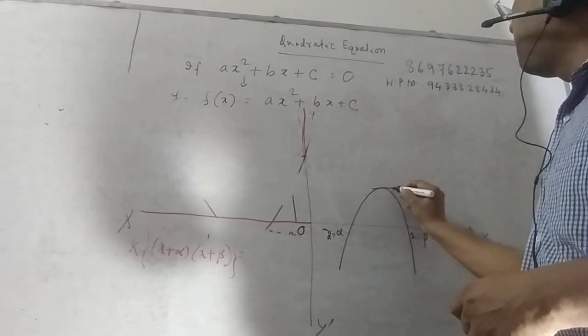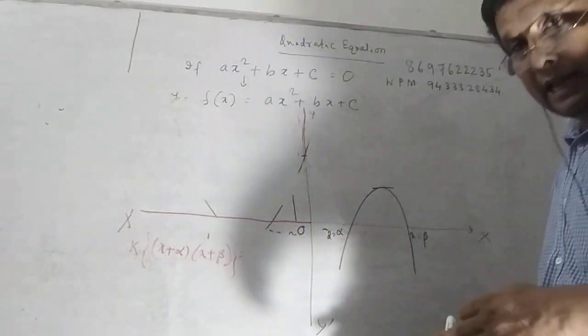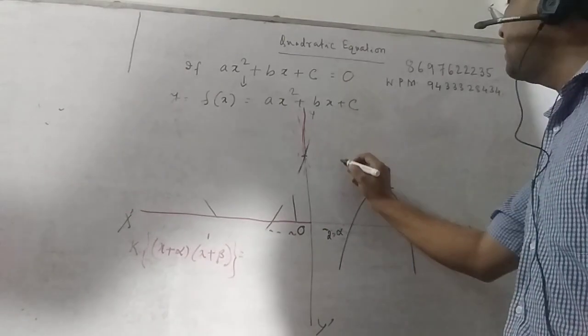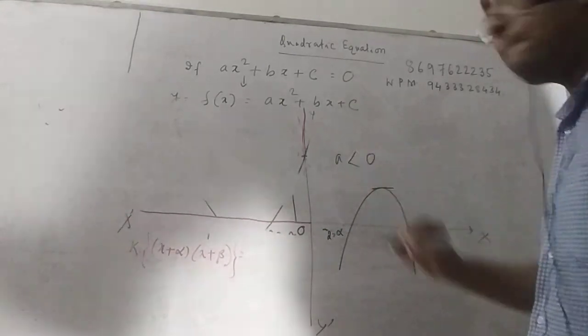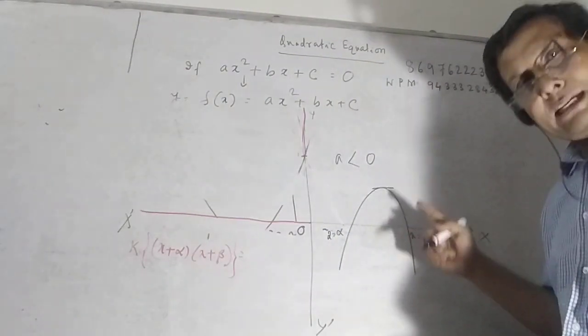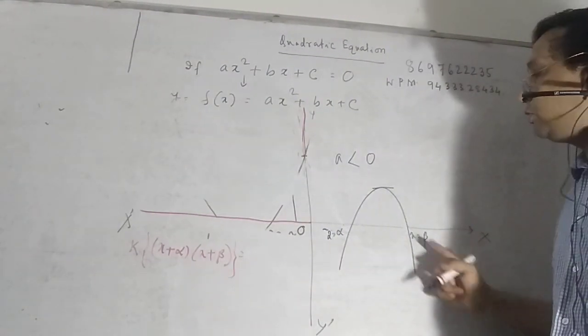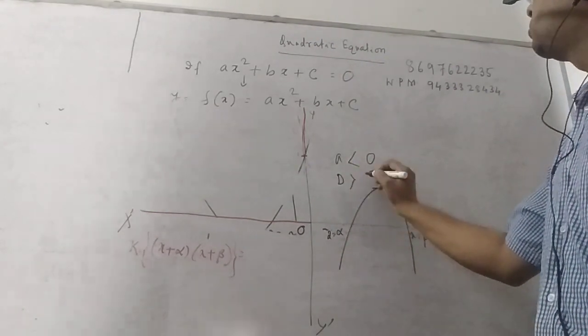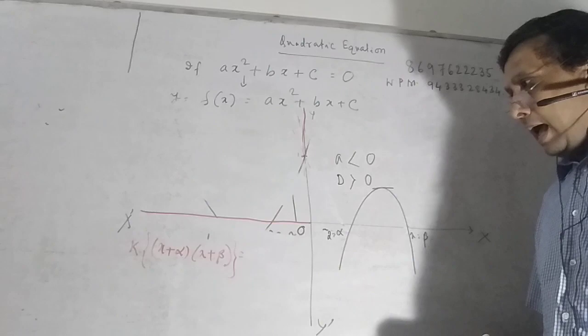This is the maximum point. In the previous case we get the minimum point, which I will discuss in my next video. Here definitely a has to be negative. Since the parabola intersects the x-axis at two distinct points, the discriminant D has to be greater than 0.